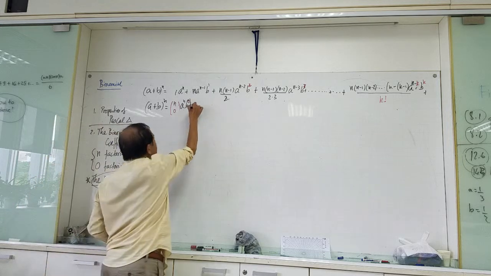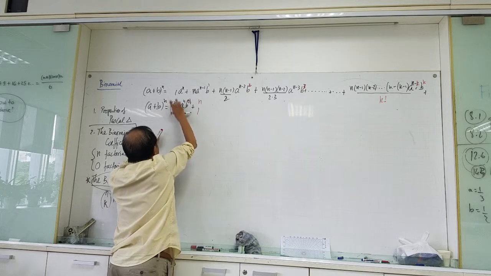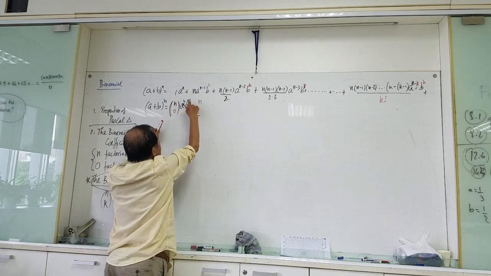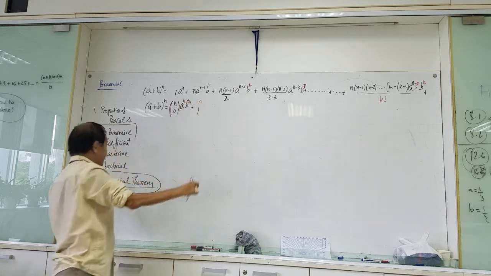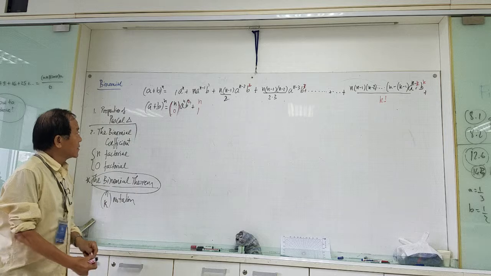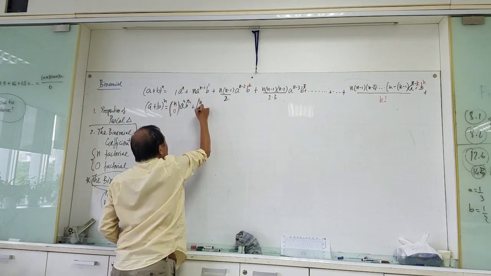So the second term is n choose 1. So the 0 here in red goes with b, okay, because the theorem says so. Later on the red one can go with a, but that is a different story. So let's start with this.